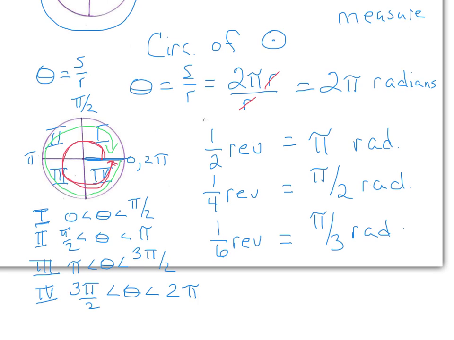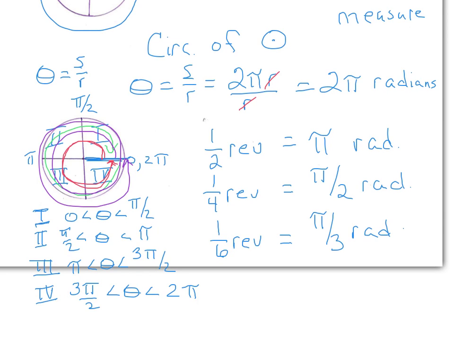Okay, what if I, let me see here. Let's try a different color. We'll do purple. What if I start at 0, go all the way around, and then go all the way around again? 4 pi. That would be 4 pi.